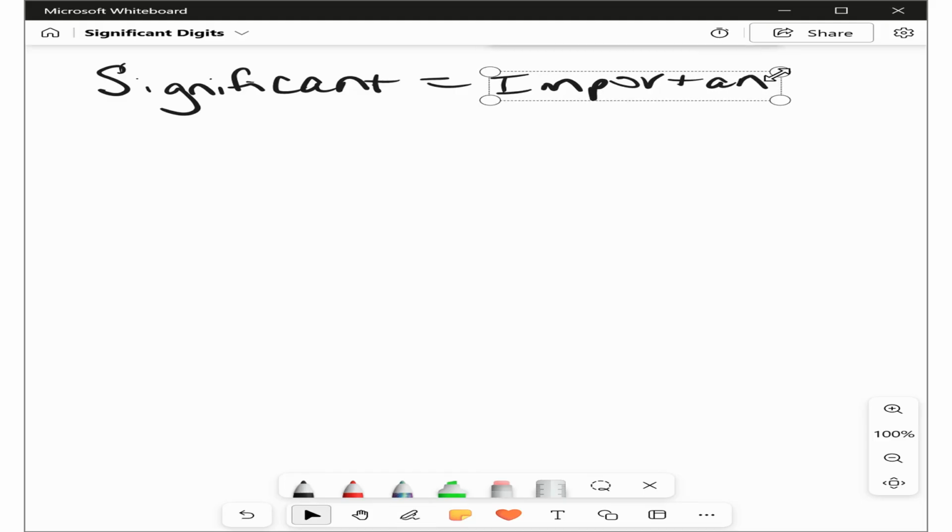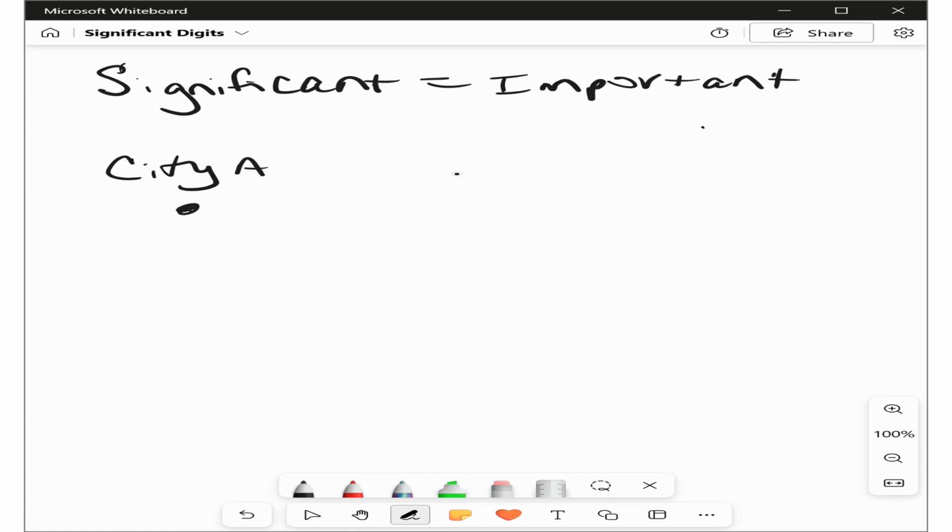we need to understand the context. So if we think about, we have city A on a map and we have city B. Okay.